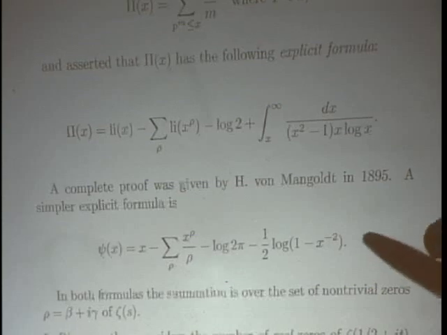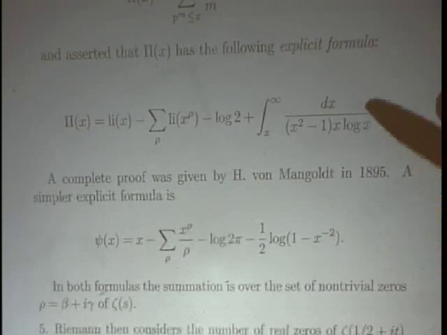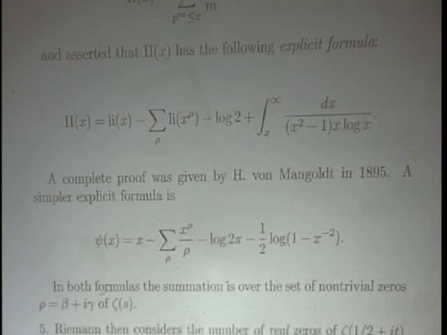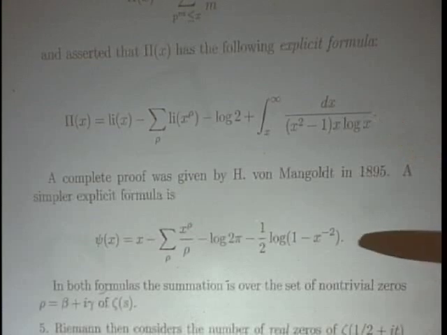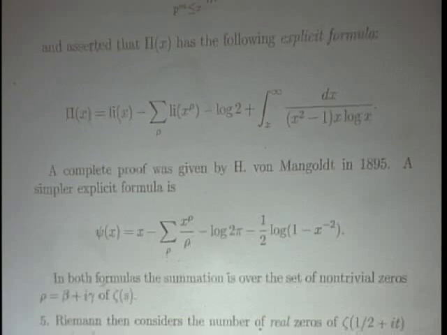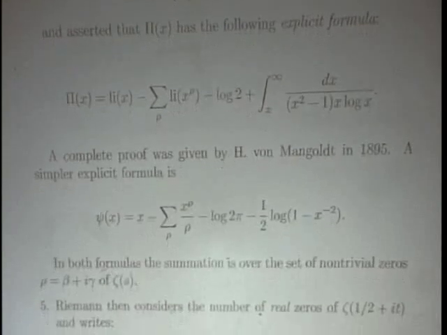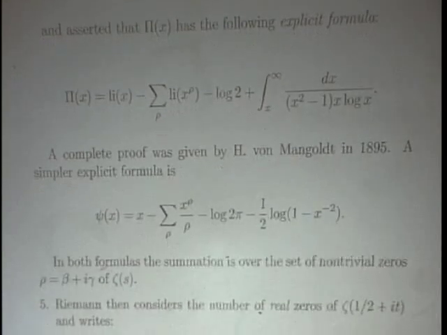Here's a formula that was later found by von Mangoldt, who proved Riemann's formula rigorously. This explicit formula down here is for Chebyshev's psi function, and it's a lot easier to use in practice. This subject can get technically ferocious as it is, so any attempts to simplify matters usually should be used.